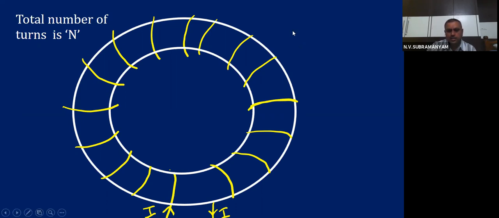So, due to this toroid, we have to calculate the magnetic field. Where we have to calculate the magnetic field, we know that there are three possible regions under consideration. One region, let us say here, one region outside, one region in here, in this empty space. Let us call these region number 1, region number 2, region number 3. In region number 2 and region number 3, the magnetic field is 0, children.